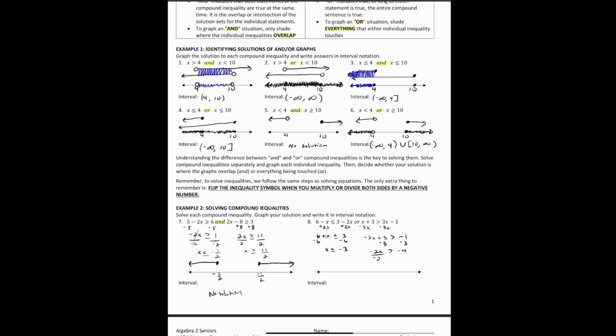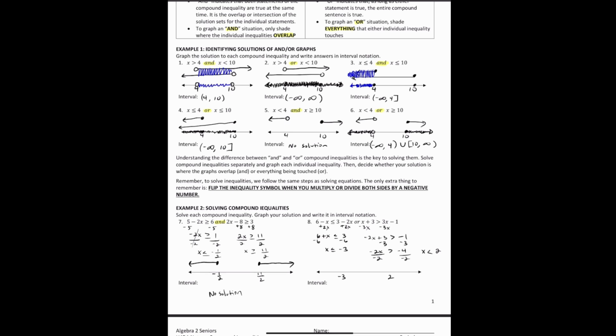But I'm going to be dividing by a negative, so I will divide both sides by negative 2, and what happens here is that that greater than sign is going to become a less than sign. So x is less than 2.